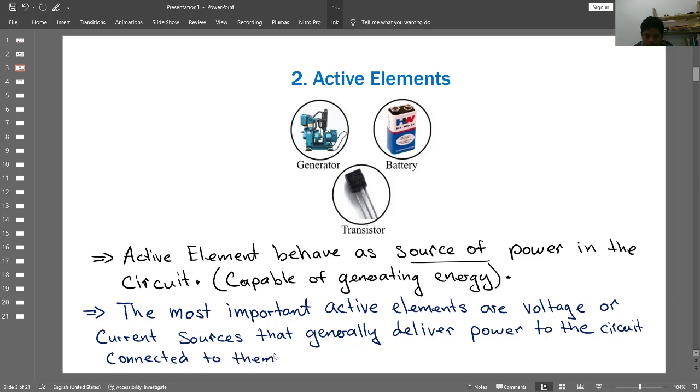Okay, and we have two important sources. One we call the independent, and two, dependent sources.